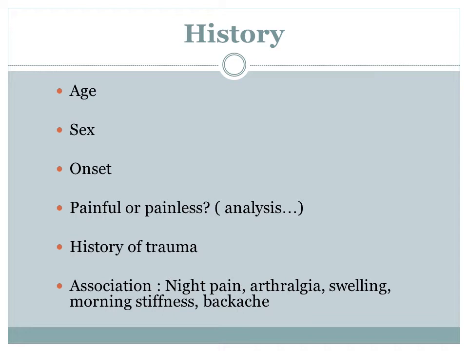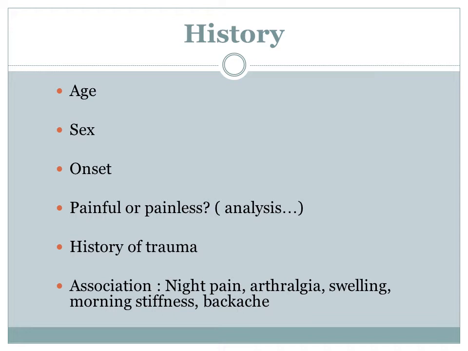Also the sex: some problems occur more in females than males, like DDH, where the female to male incidence is 6 to 1, and some conditions occur in males more than females, like Perthes disease, for example, about 4 to 6 to 1, male to female.